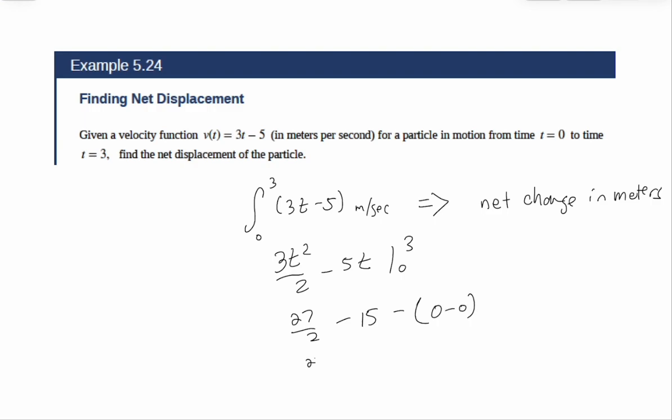So it's just 27 halves minus 30 halves, which is negative 3 halves. So what does that negative mean? That negative tells us that we have gone backwards during that time frame. So we have lost 1.5 meters. So that's kind of what that tells you.